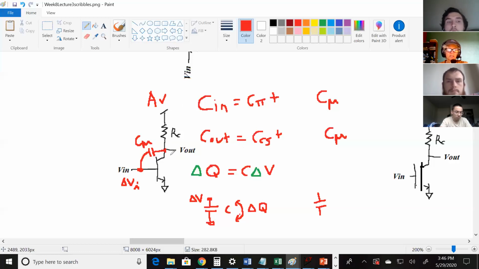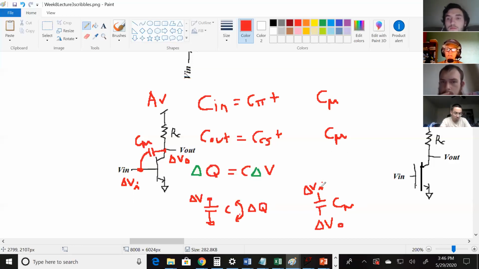And this is delta V out. It's not very pretty. If this is C mu, then you've got delta VI on one side, and you've got delta VO on the other.